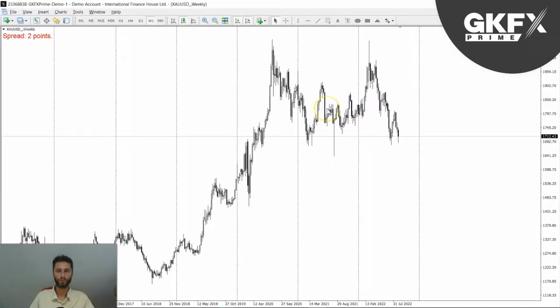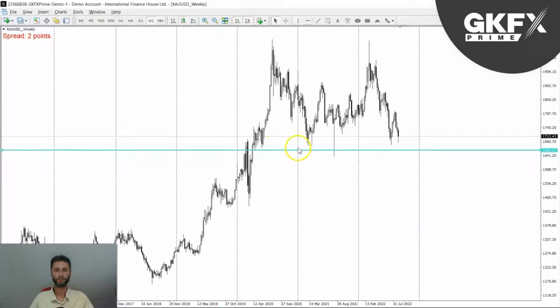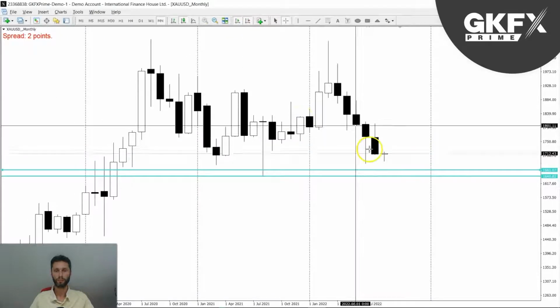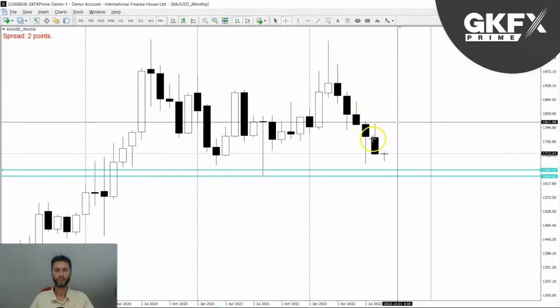All right, to zoom out on the weekly. So gold, I think we looked at previously as well. I was looking at this level here. On the monthly, you can see we're still very much bearish, continuing bearishness.